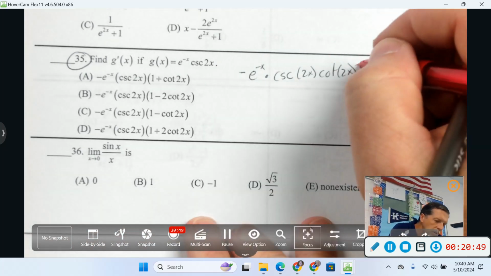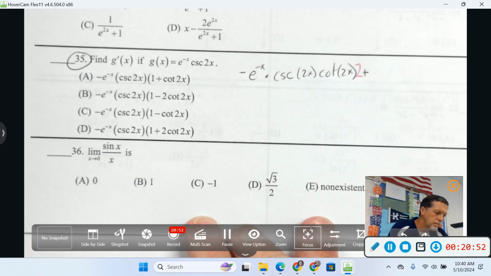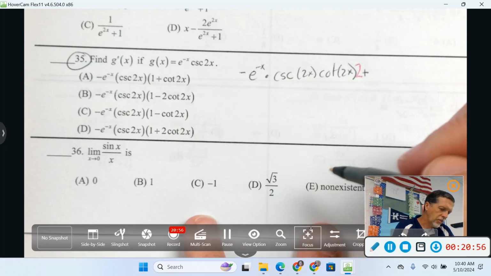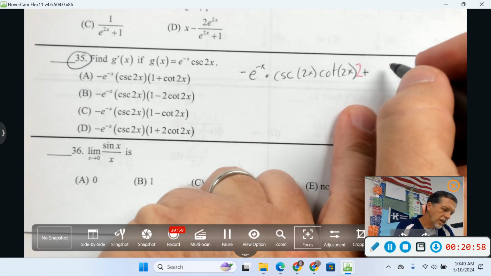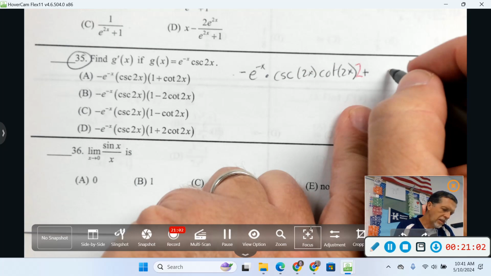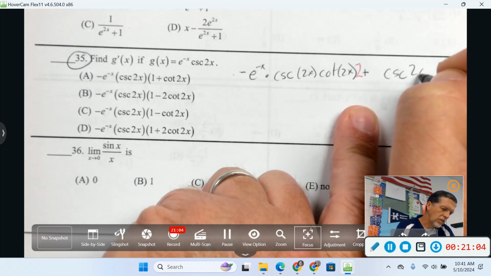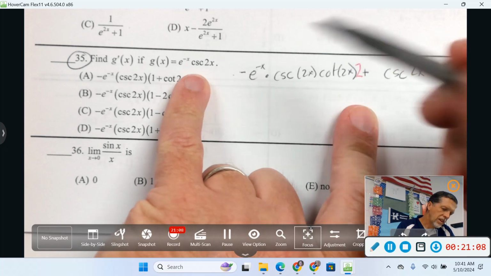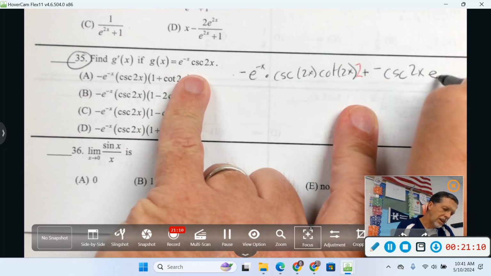Times 2. I don't see any 2's out here, so I'm curious what's going on here. So that was first times derivative of the second, and then plus the second, cosecant 2x, times derivative of the first, which would be negative e to the negative x.